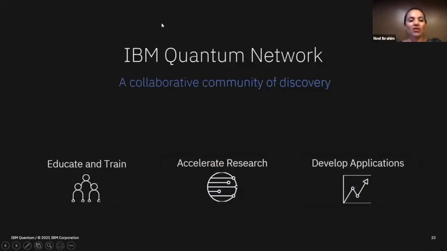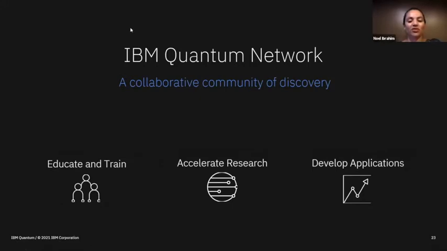So the IBM Quantum Network is all about a collaborative community of discovery, where we hope to reach out to groups like yourselves to get involvement from the community, educate and train individuals. Like I said, there's the open source Qiskit textbook anyone can use to learn quantum computing with Qiskit.